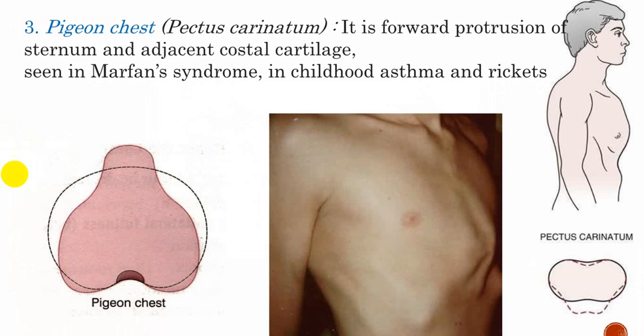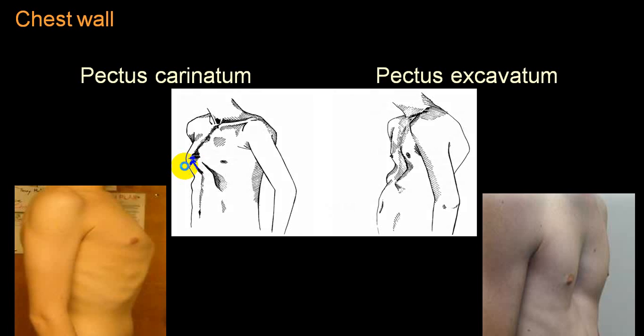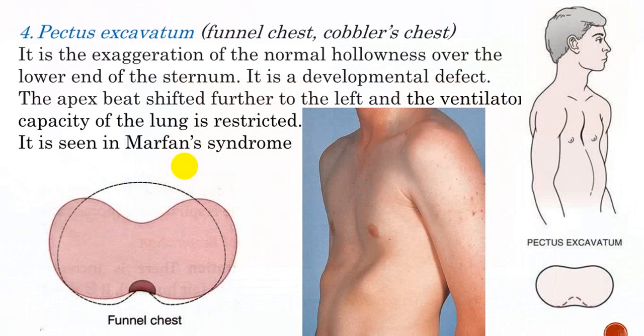Yes, here you can see that the sternum has bulged out. That is carinatum or pigeon chest, and this is curvature inward, that is excavatum, funnel chest or cobbler chest. That you can again have in a case of Marfan syndrome and by and large congenital.